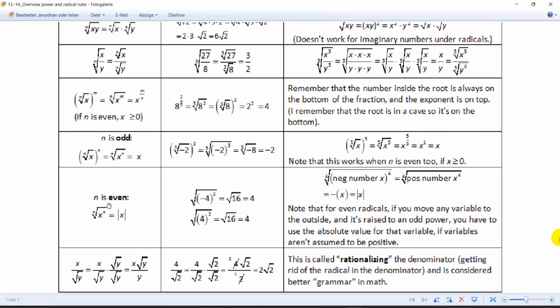And in case there is an even root exponent, so the same goes with 2, 4, 6, 8, and so on, if you are canceling the root with the square, you always have to apply the modulus operation.